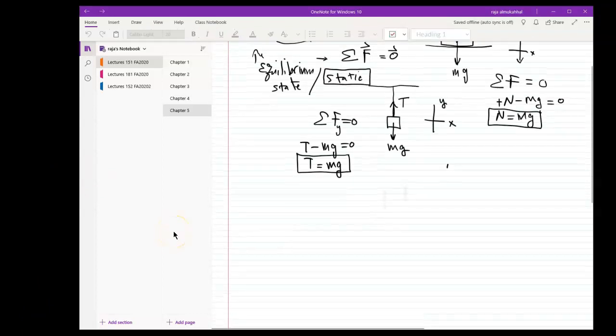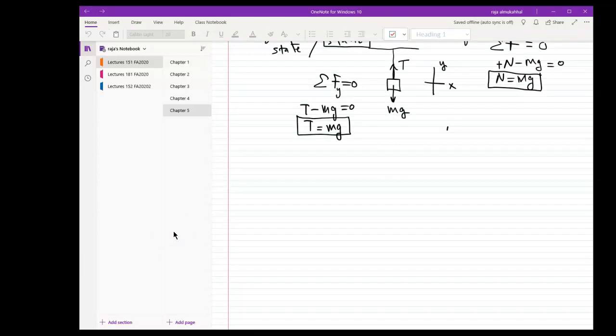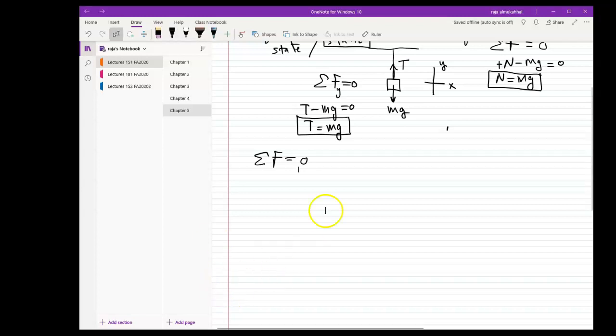One more thing before I start doing some examples from the book. So let me go back to that equilibrium state. Sigma F equals ma. I'm sorry, I want to do it 0. Sigma F equals 0, which is the static or equilibrium state, right? Because there is a possibility that those forces here are distributed either in the X direction or in the Y direction.